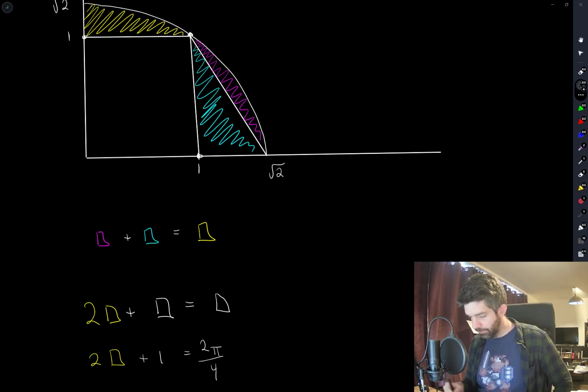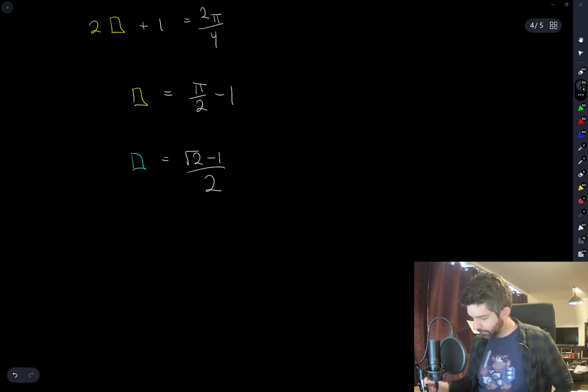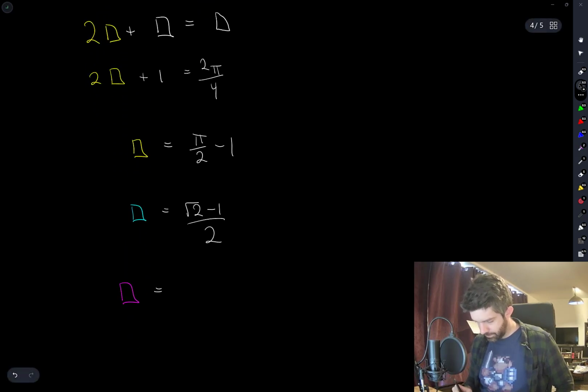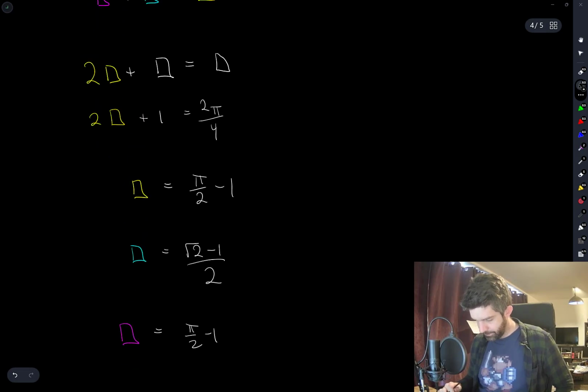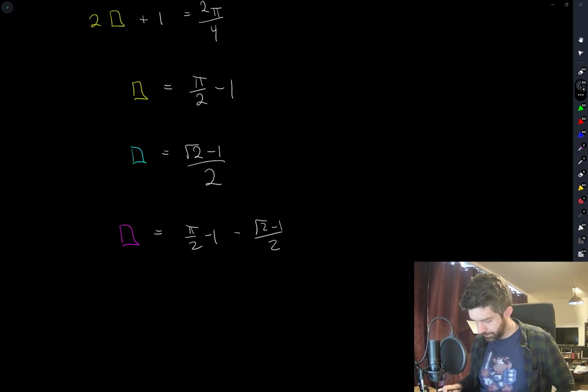The height is 1, the base is root 2 minus 1. It's that. And so the area we actually want is pi over 2 minus 1 minus root 2 minus 1 over 2.